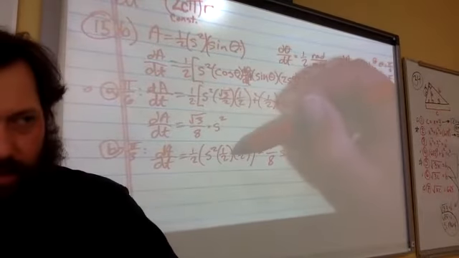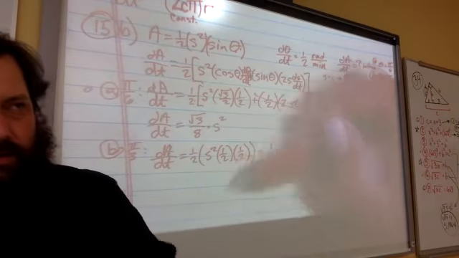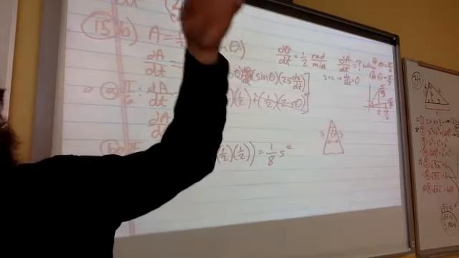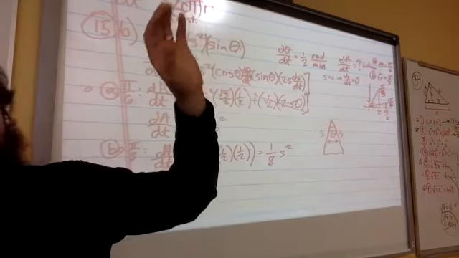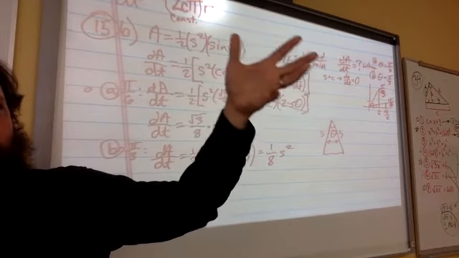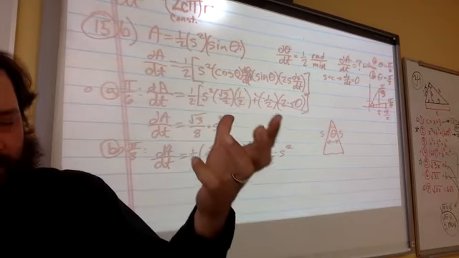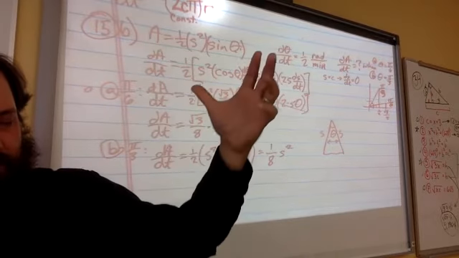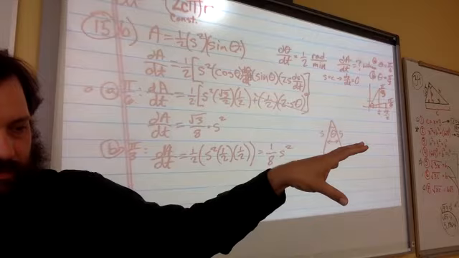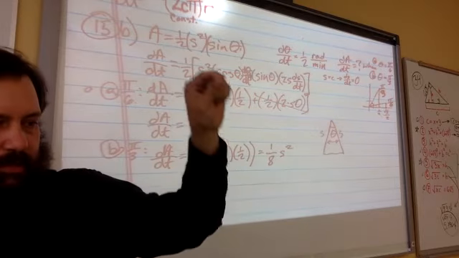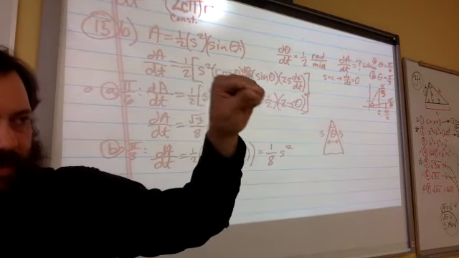Theta. So just like the circle's area relies on the radius, the triangle's area relies on theta. So theta is what drives dA/dt. What's the explanation? dA/dt relies on theta.